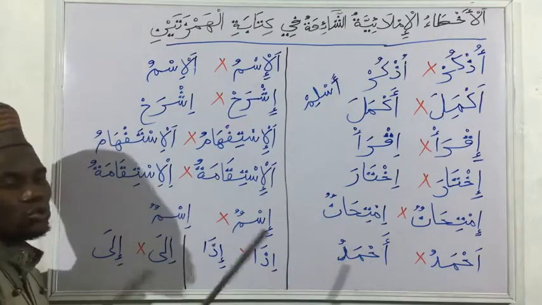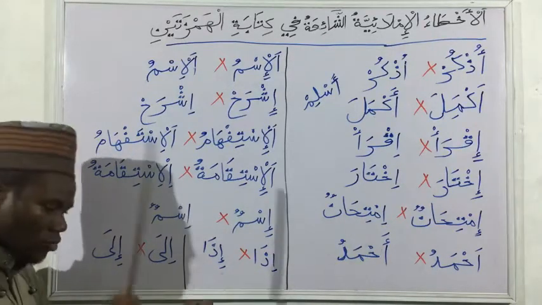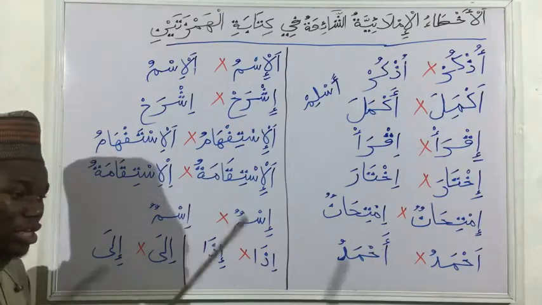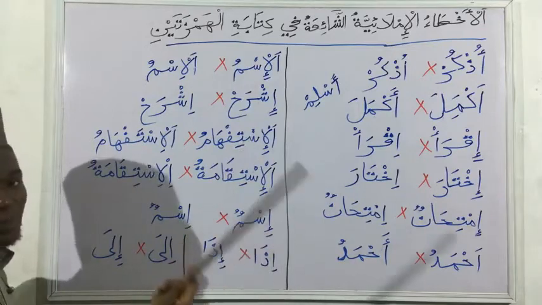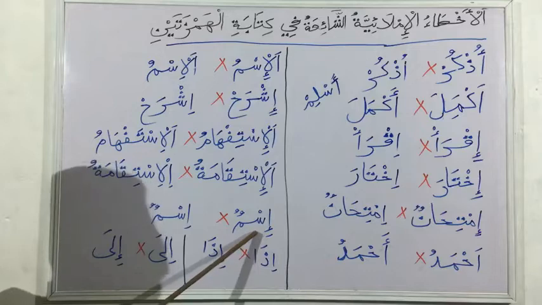Al-asma'ul asharatu: that has ismun, ibnun, ibnatun, istun, ibnumun, imru'un, imra'atun, and so on. So this is wrong because it's part of the 10 special nouns. It starts with hamzatul wasli and not hamzatul qat'i.